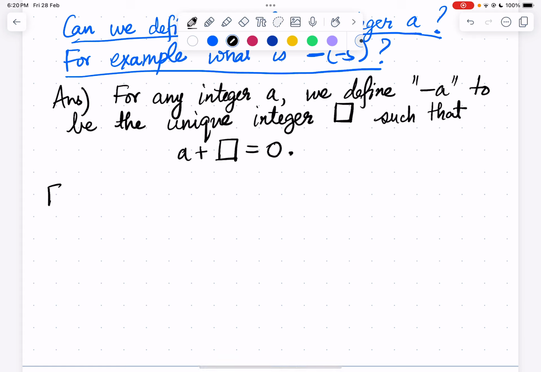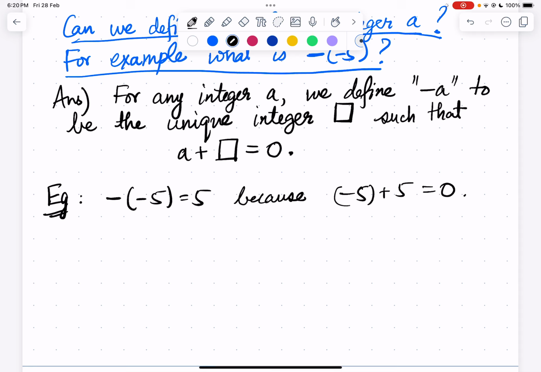So for example, minus of minus 5 equals 5 because minus 5 plus 5 equals 0.